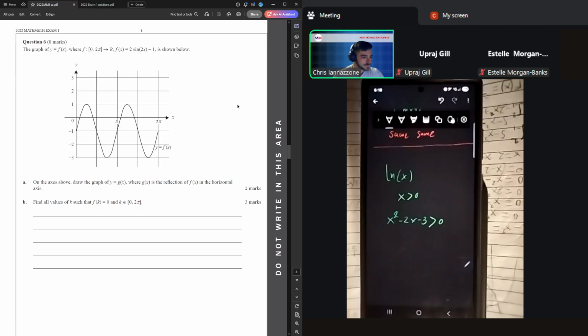Cool. Question 6, drawing the graph. Good news is it's only a small portion of the question. It's going to be hard for us to talk about drawing the graph, so maybe have a go, get a graph going, and we'll compare and talk about it afterwards. Maybe just a thumbs up once you got your graph.